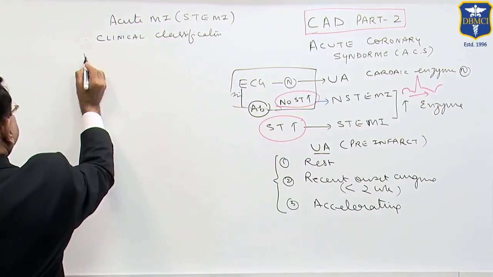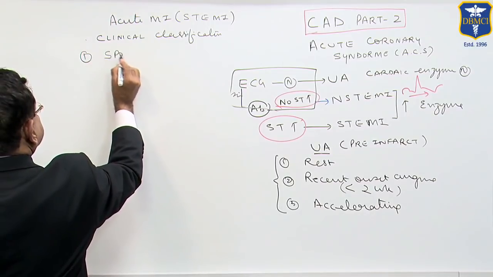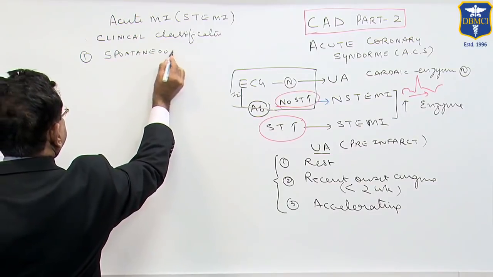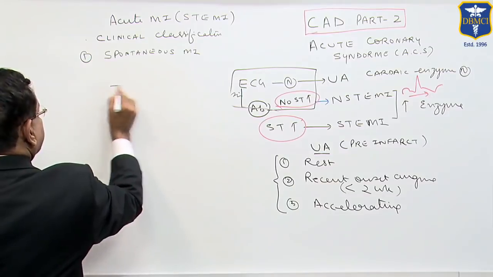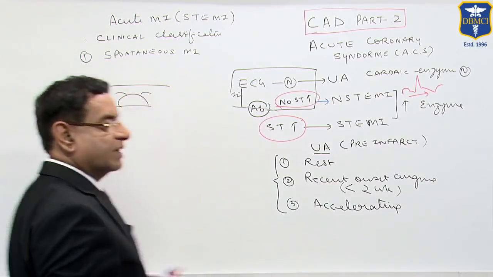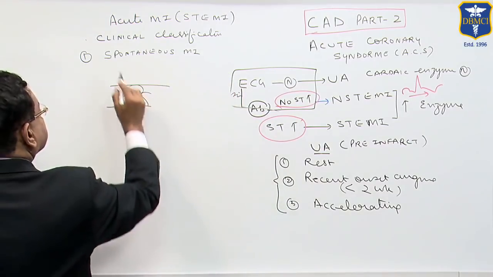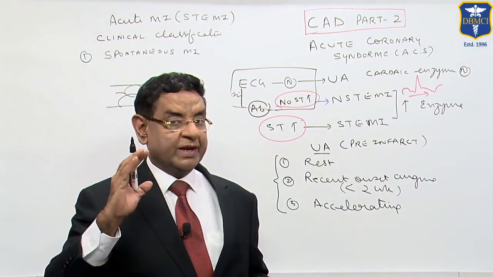We have class 1, where we have spontaneous MI. This is the coronary artery. Here we have a plaque, suddenly the plaque ruptures, a clot is formed. So we call it spontaneous MI, class 1A.